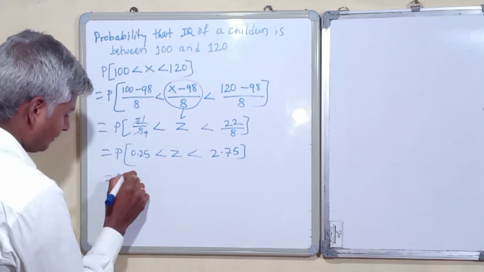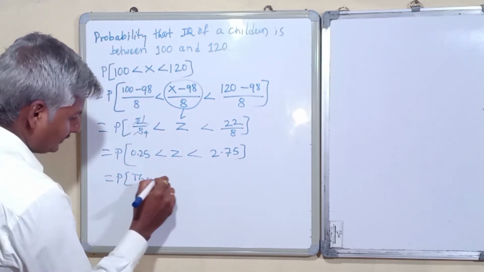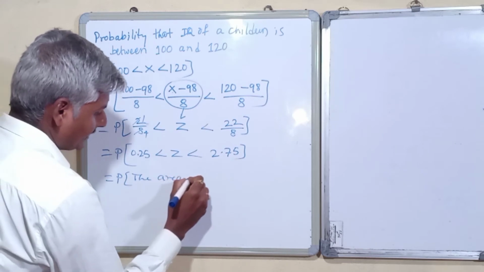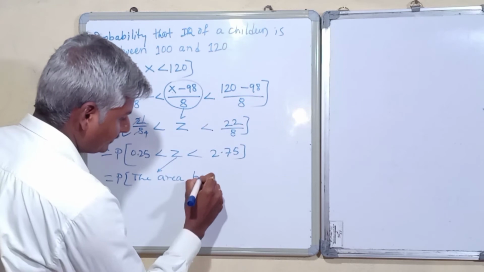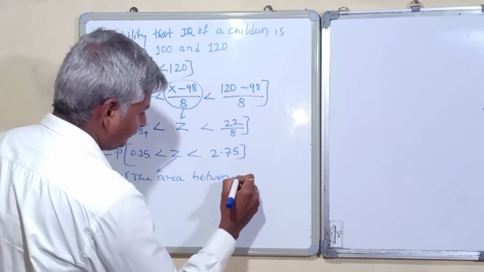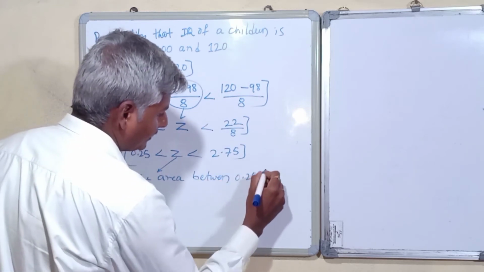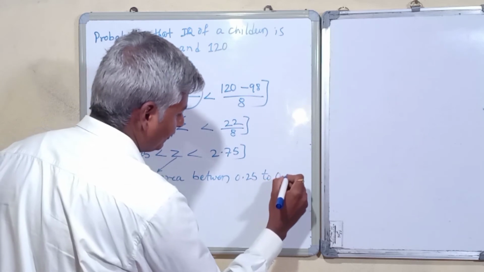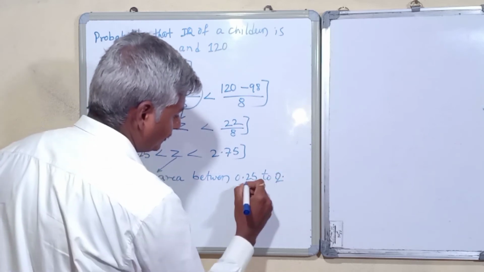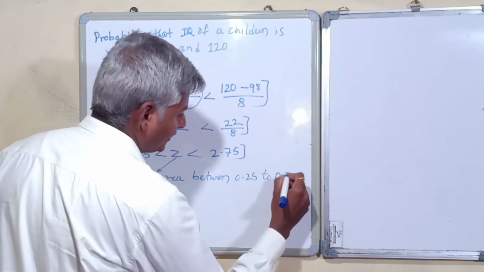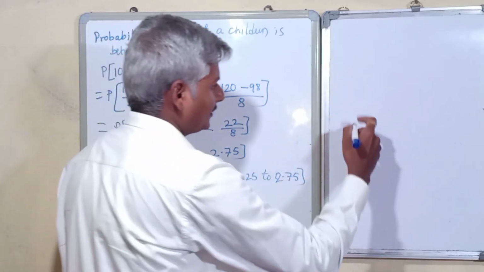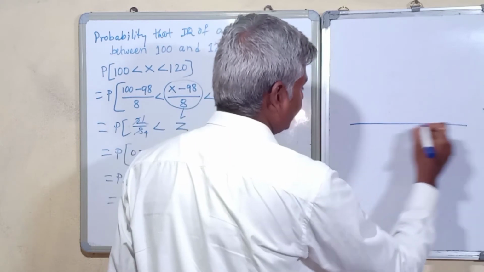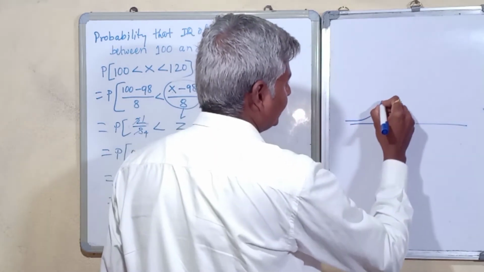Then the probability is the area of z between 0.25 and 2.75. I will draw this area on the normal distribution curve, so you will understand how it goes.